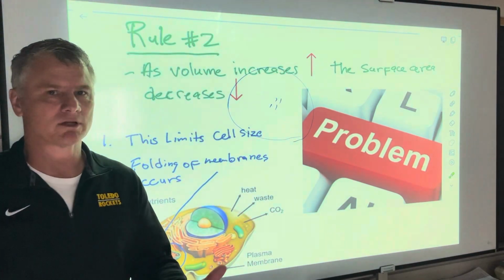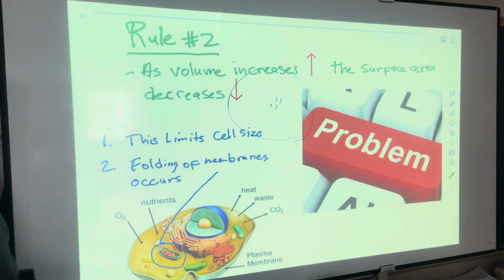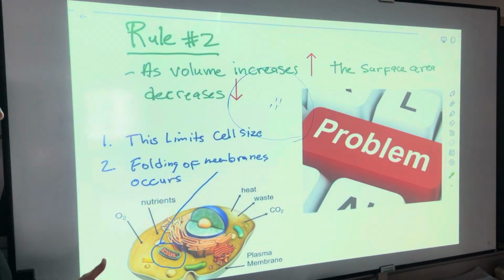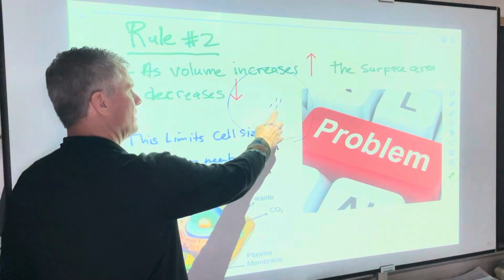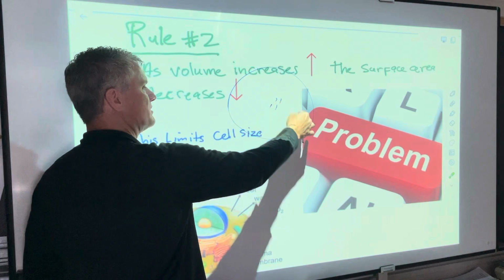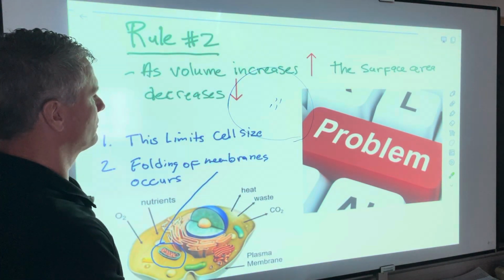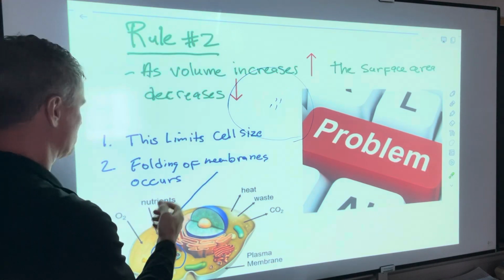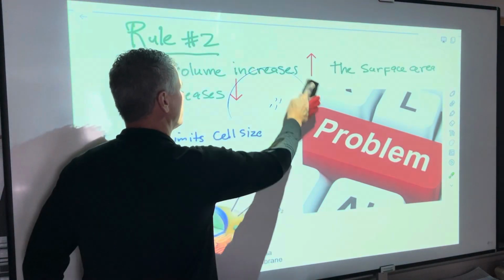Well, remember, when a cell gets larger, its nutrient load needs to be bigger. It's increasing. And so the surface area, the number of doors, isn't going to change. So there's only going to be so many ways the nutrients and other material the cell needs can get through. And so it stresses that cell when it gets bigger.